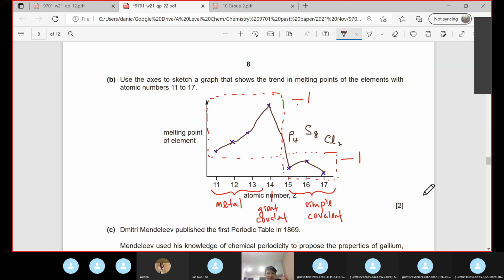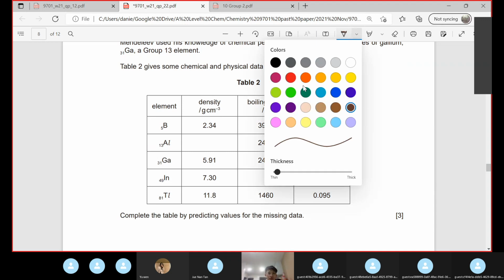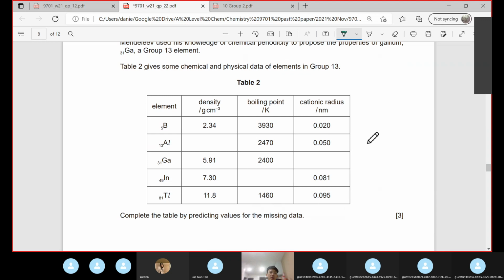Then C. C here is about predicting values. For predictions, personally, I advise you to take the middle value. For example, 2.34 and 5.91.